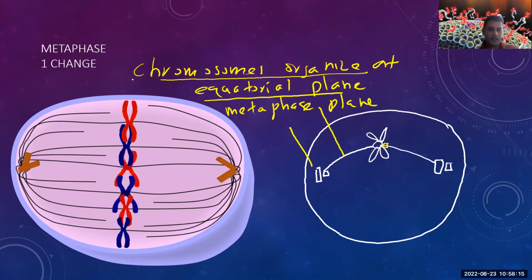That means this is the line, the middle line. All chromosomes are now visible at the middle. That gives us slightly different names like equator, equatorial plane, metaphase plane. So all the chromosomes are in the middle, and they attach to the spindle.